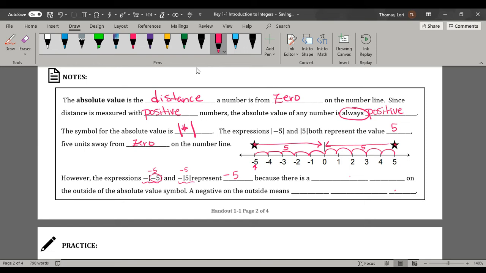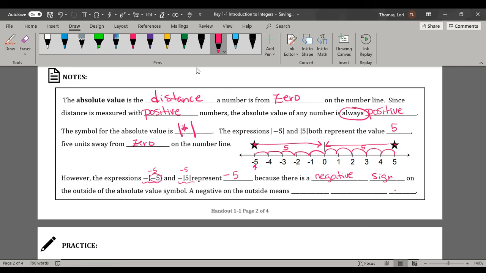Then we have this negative that we need to attach to it. Same thing here. We take the absolute value of +5, which was 5, but then we have to attach this outside negative. So these are both -5 because there is a negative sign on the outside of the absolute value symbol.